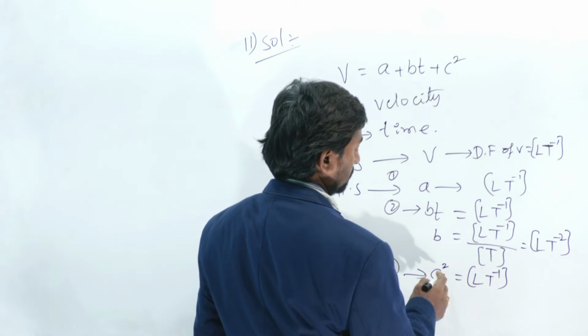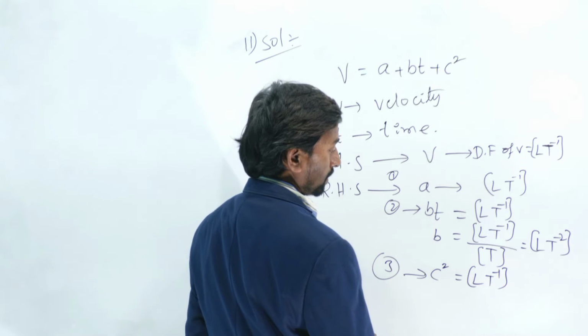So here square is there, no? If you send the square that side, what will happen there?